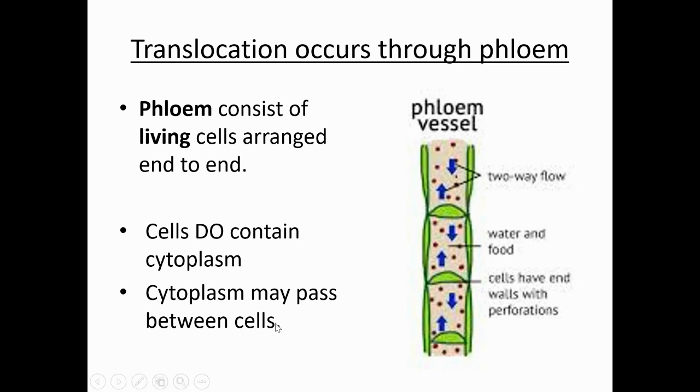The cytoplasm can pass between the cells, so the phloem cells can transport things between them. Also, it is not a continuous tube. There are permeable membranes that allow the sugary solution to move through up and down, both ways. It's a living part of the plant.